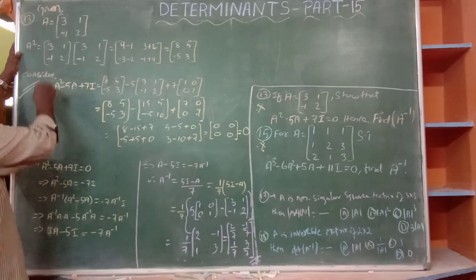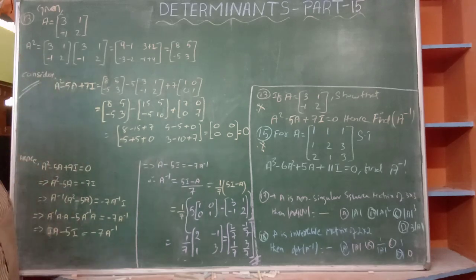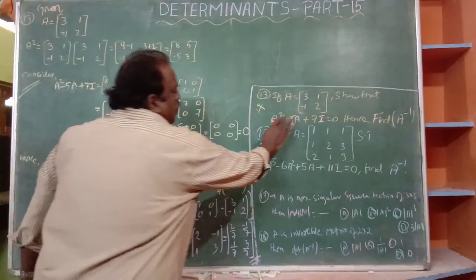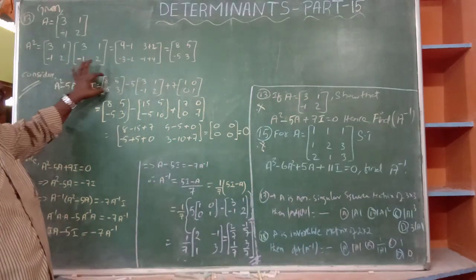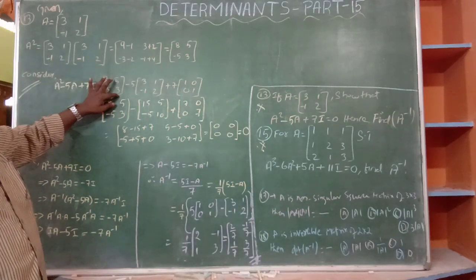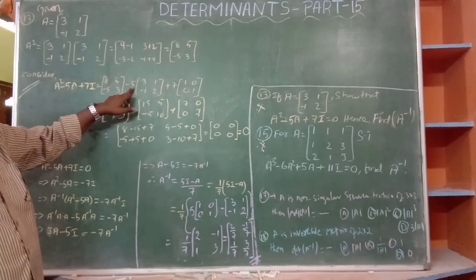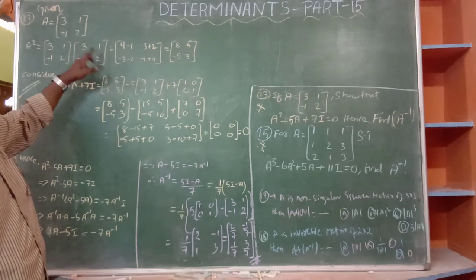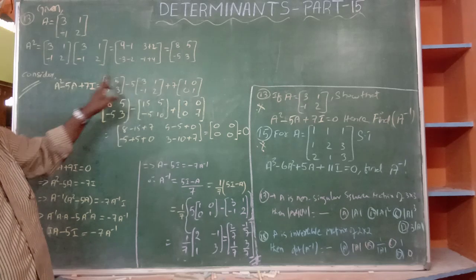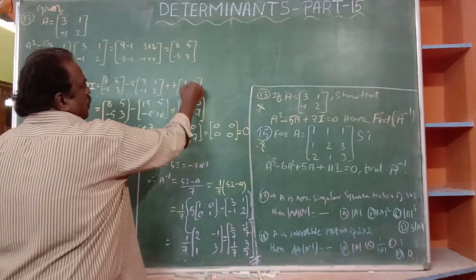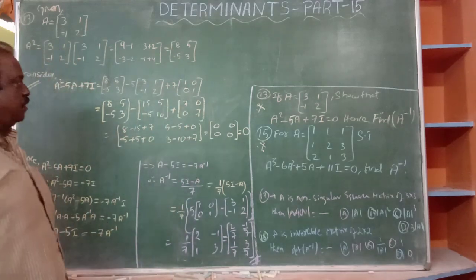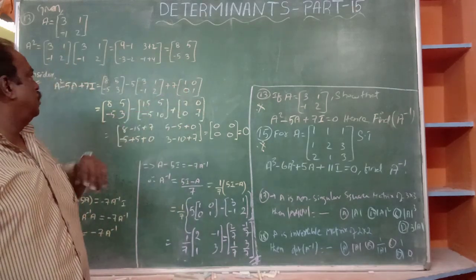Now we consider A square minus 5A plus 7I. A square is already there, 8, 5, minus 5, 3. Then 5 into A, which is 3, 1, minus 1, 2, plus 7 into I, the identity matrix, 7 into 1, 0, 0, 1.